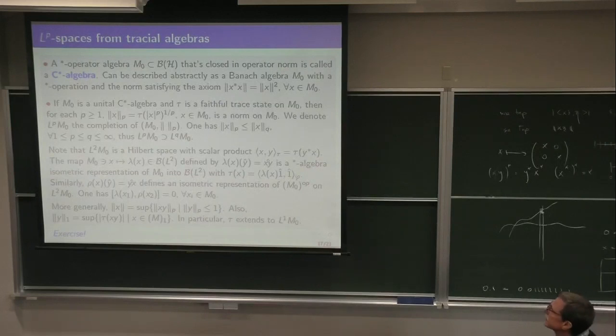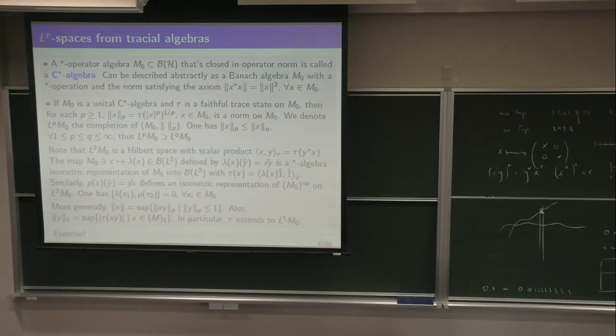Now, let us move on. After all, what we needed here was to have a trace. We could even take a star operator algebra M0 in B(H) that's closed in operator norm, which is what we call a C-star algebra, which, by the Gelfand-Naimark-Segal theorem, can be described abstractly as a Banach algebra with a star operation which satisfies this axiom.